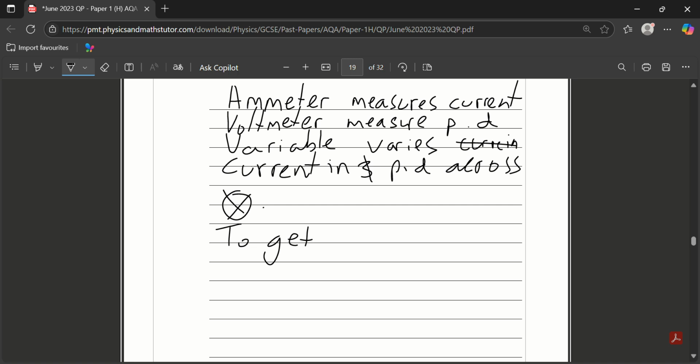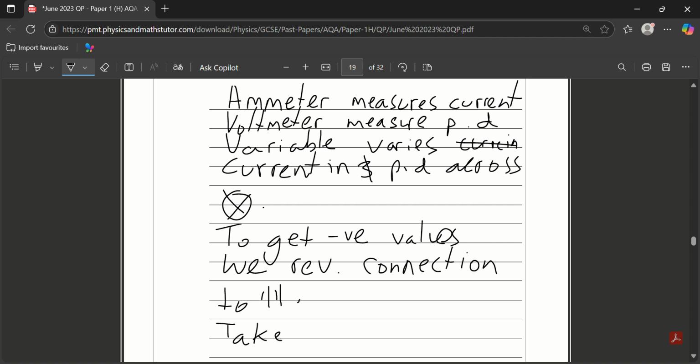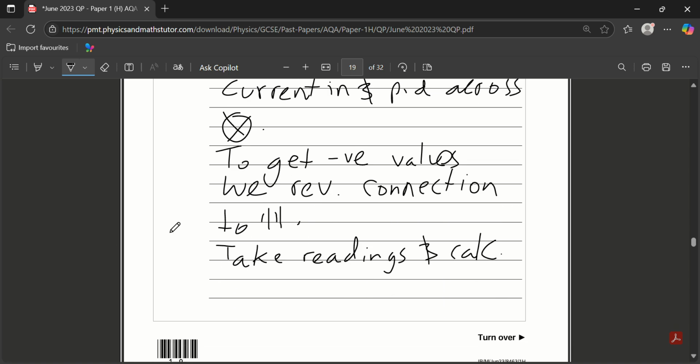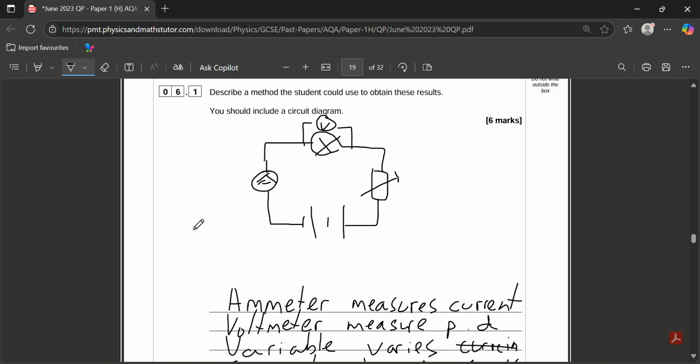To get negative values, we reverse connections to the power supply, and we take readings and calculate a mean. And there should be your 6 marks.